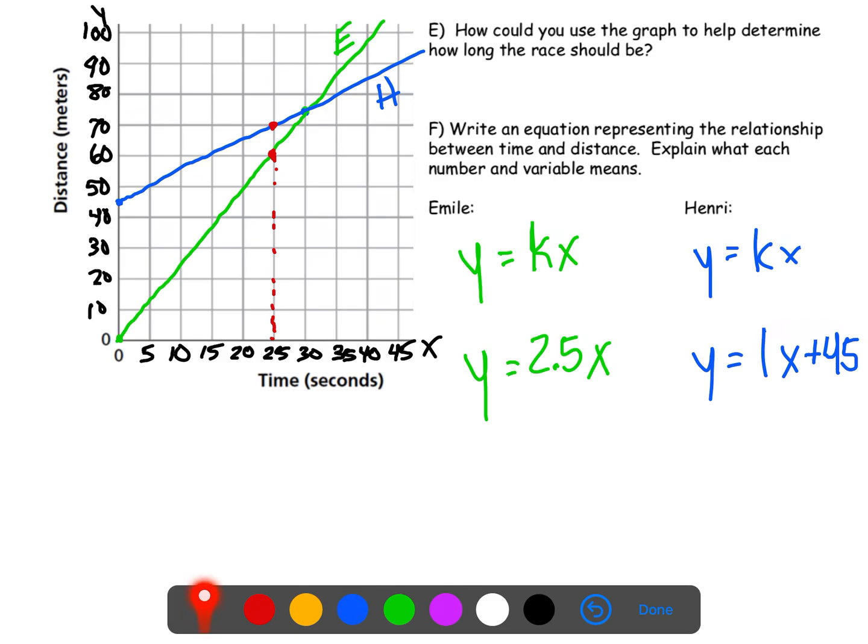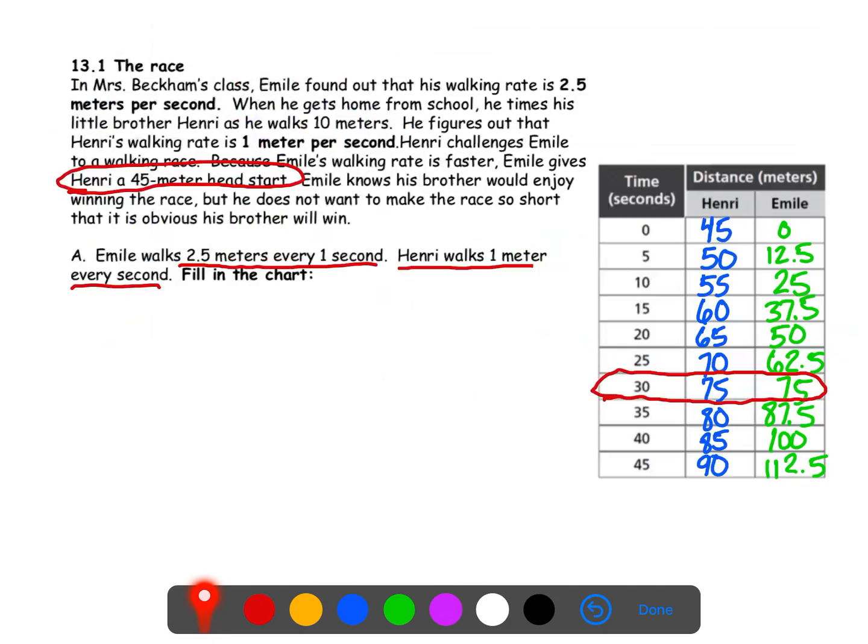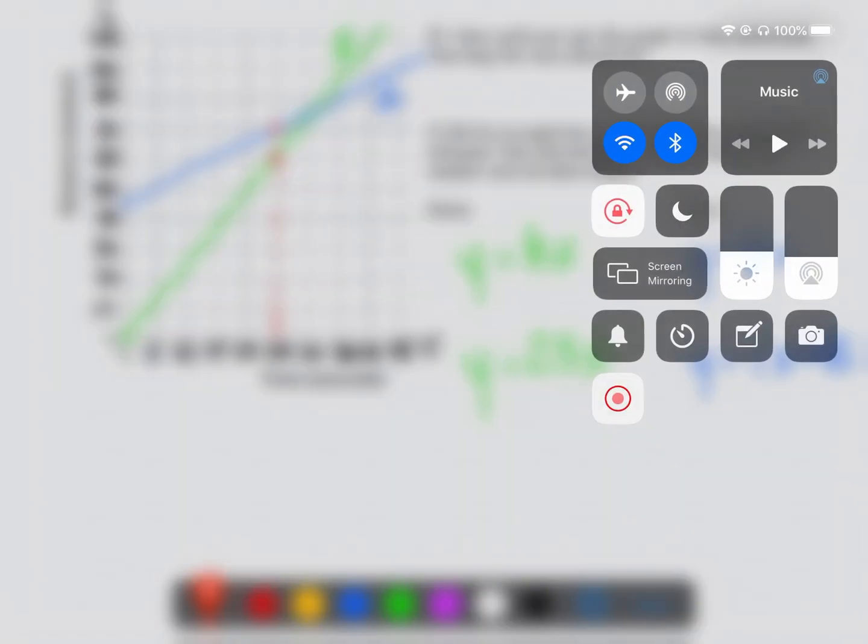Now, this is not the equation that we would use to represent a proportional relationship, and we can see proof of that here in the graph because it's not going to the origin. We could see that in the table because all of the values for Henry here are not increasing by the same constant of proportionality because he started at this 45 meters. So let's continue to answer a few questions about this.